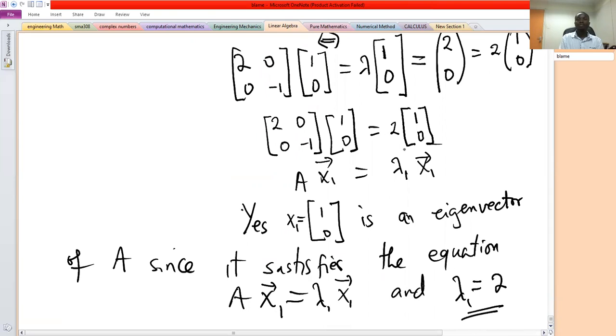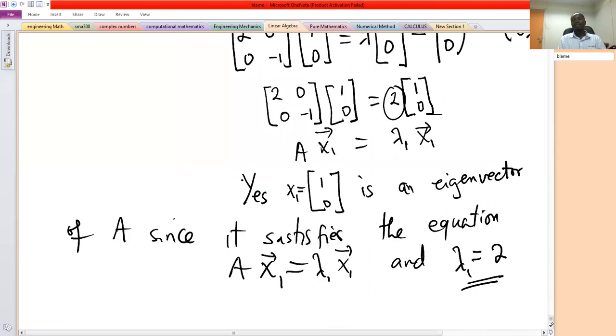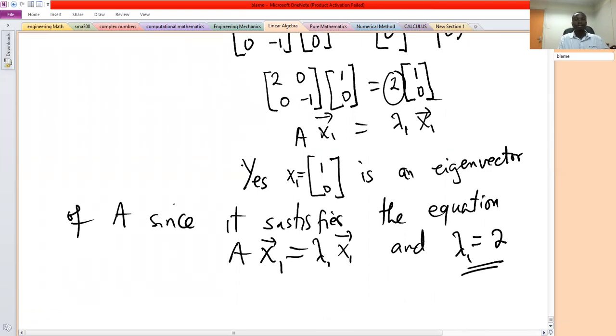Actually, we have seen that from here. So the eigenvalue corresponding to eigenvector 1, 0 is 2.